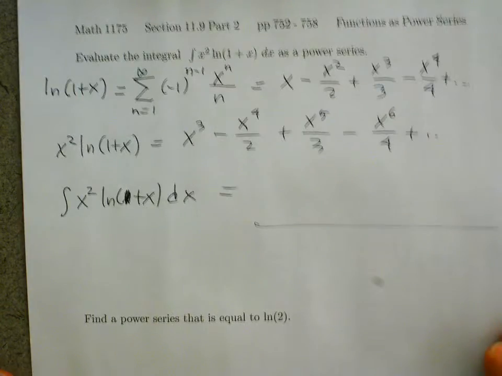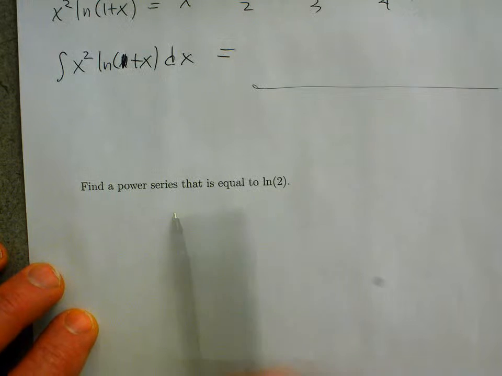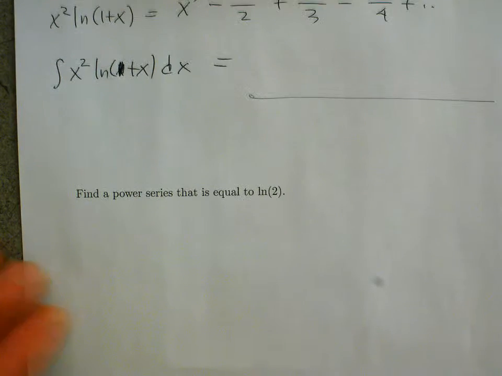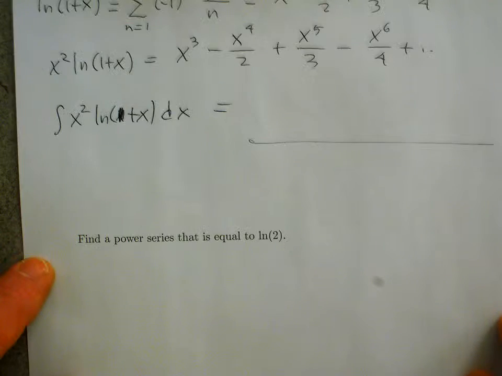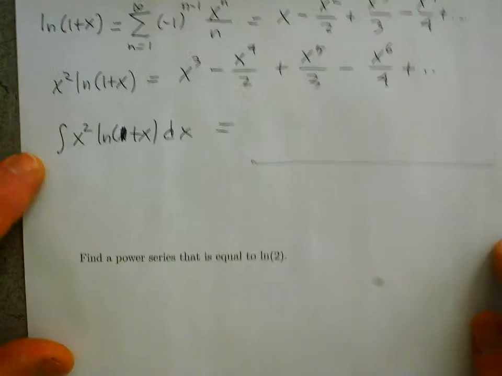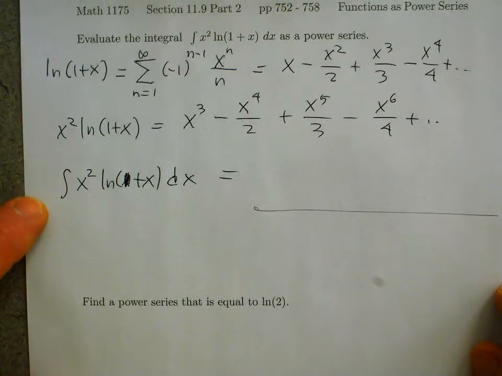Okay, but I wanted to get to this last problem. Find a power series that is equal to the natural log of 2. So we don't need that much space.